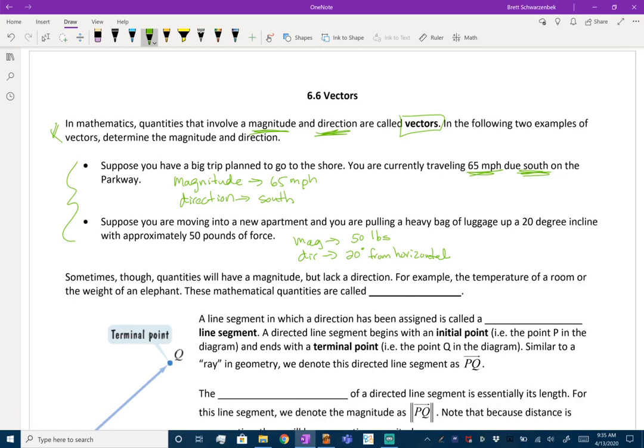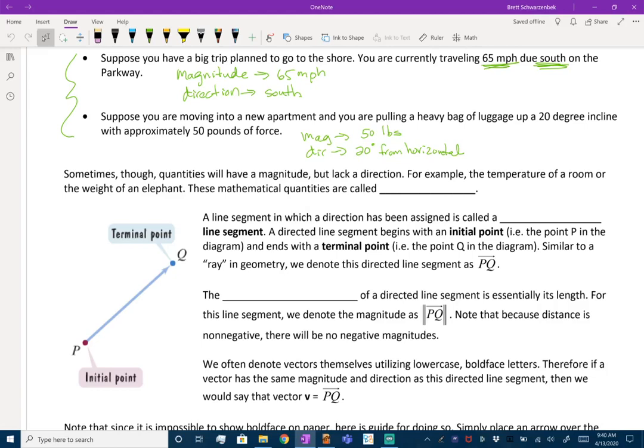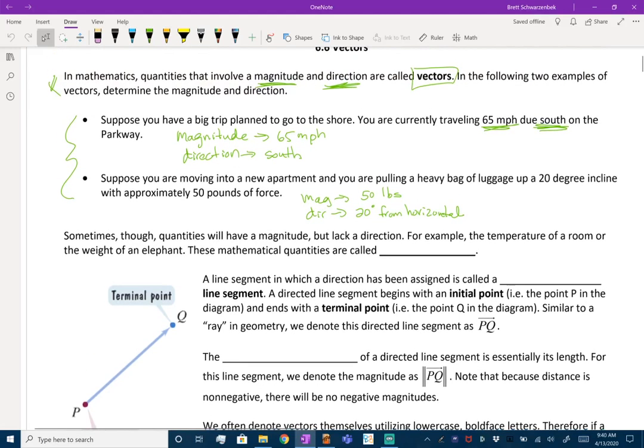Well, a vector always has to do with magnitude and direction. It's worth noting, though, sometimes you're going to have quantities that have a magnitude and no direction. So a vector is having both, but let's say you were talking about the temperature of a room.